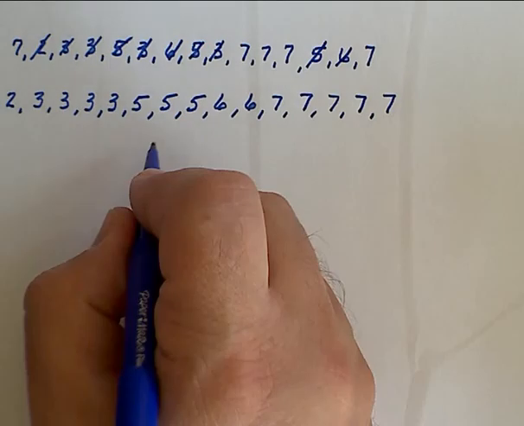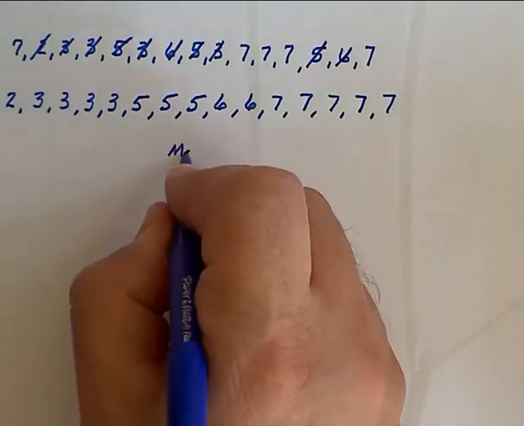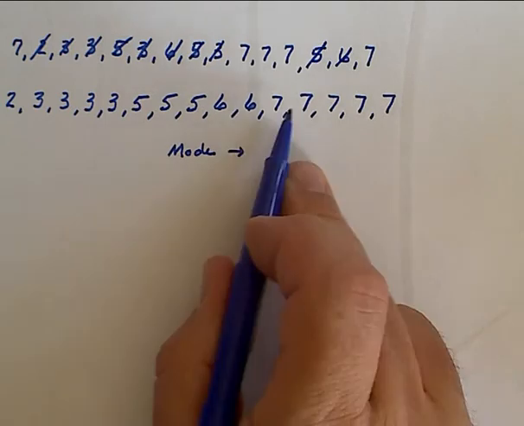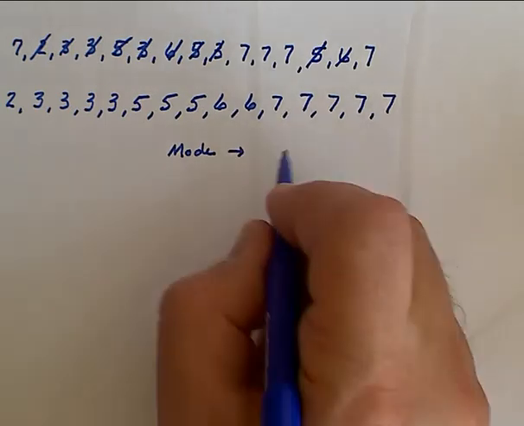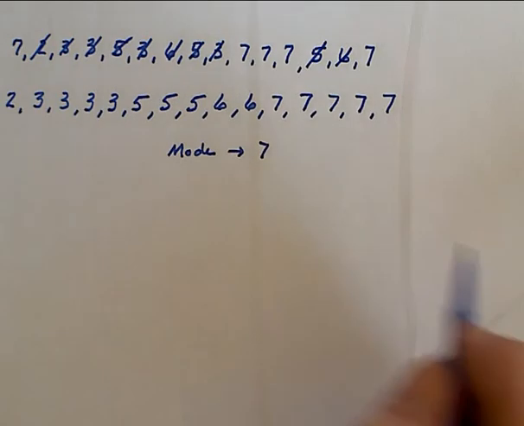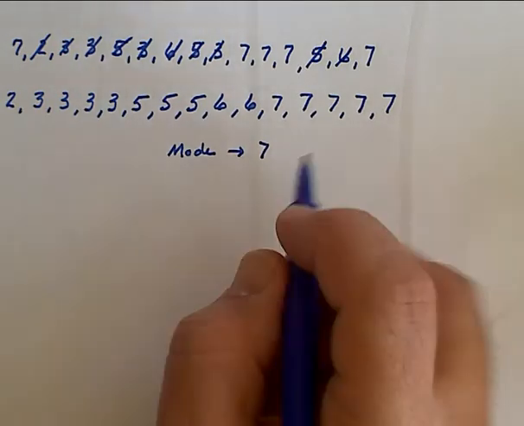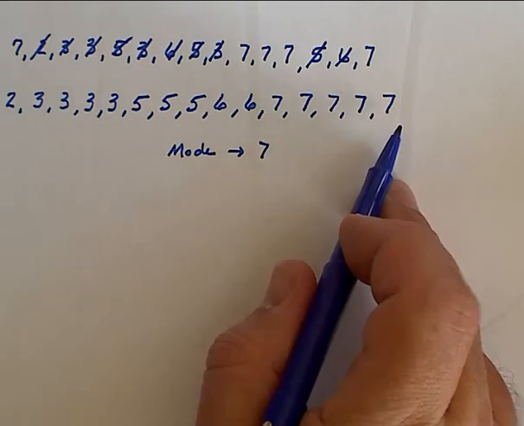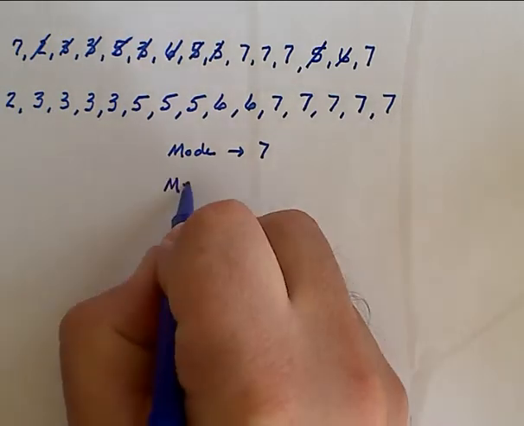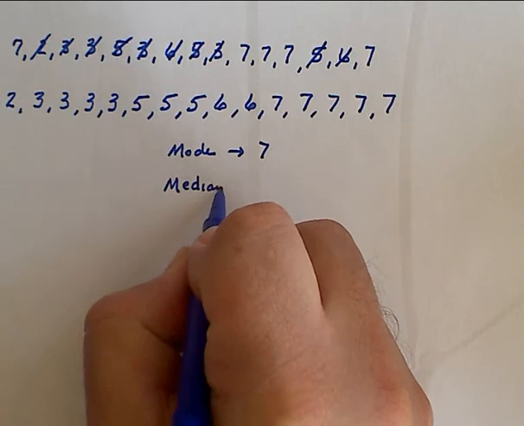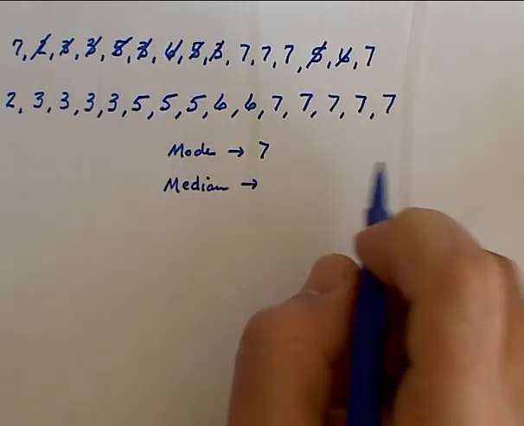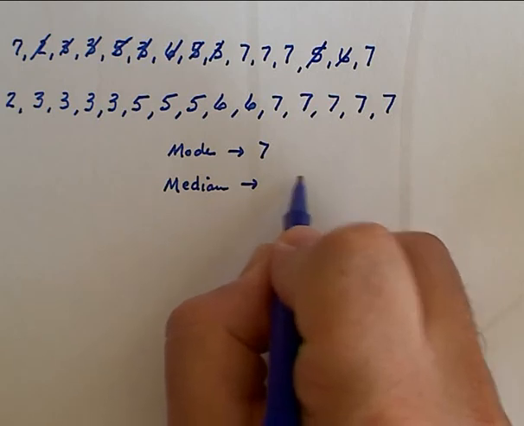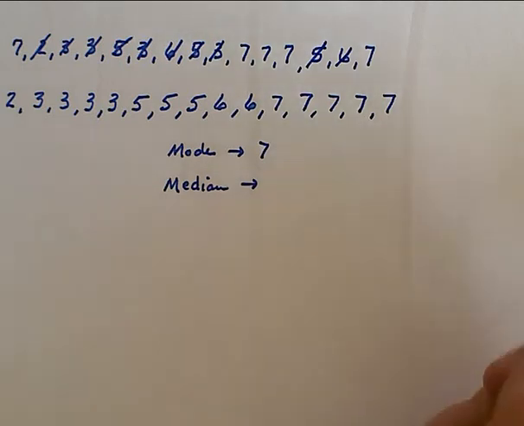Now again, just start answering questions. So my mode is, looks like I got 5 sevens. That appears to be the most. Okay, because there are 15 numbers, an odd number, then I know that the median will be after the 7th term.